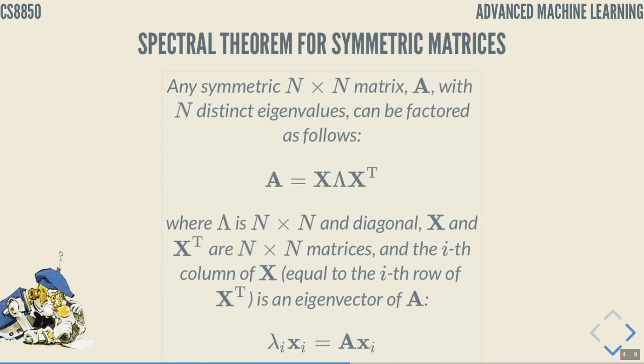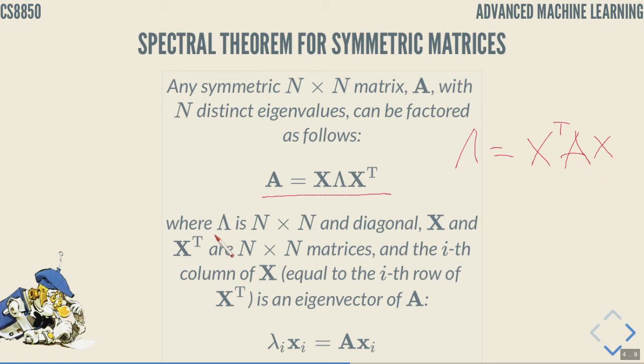Spectral theorem for symmetric matrices. Any symmetric n by n matrix A with n distinct eigenvalues can be factored as follows. Well, you see here, because those matrices, as we wrote on the page before, are related by a similarity transform.